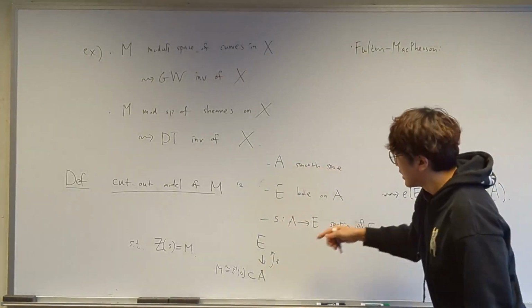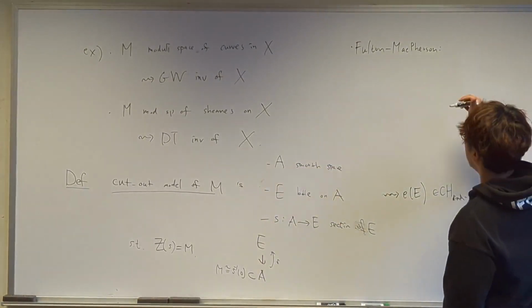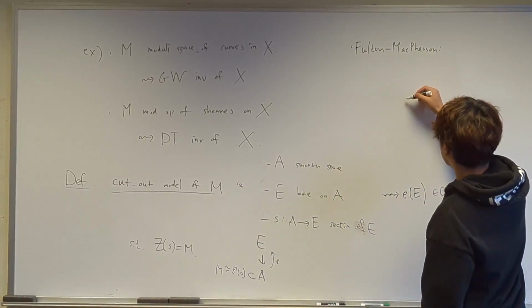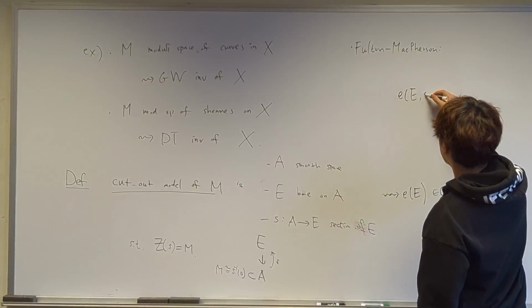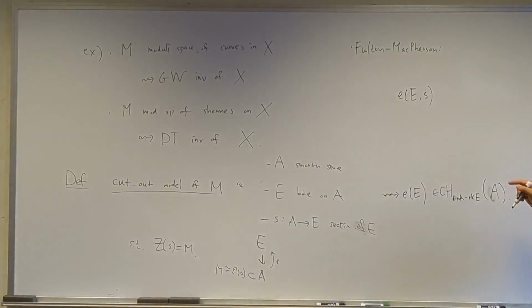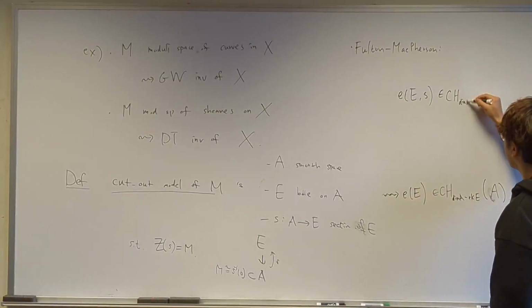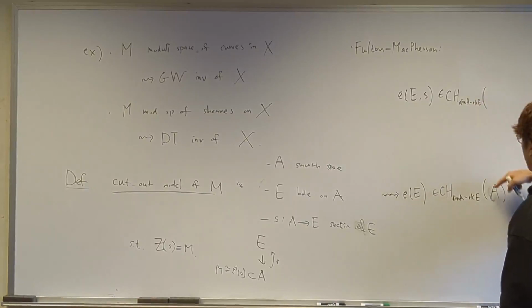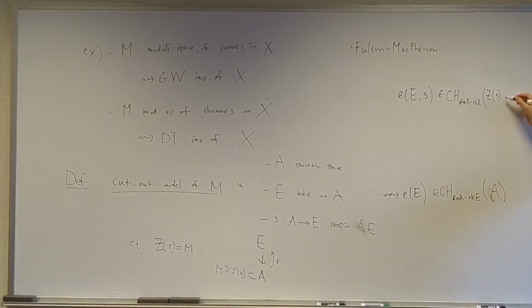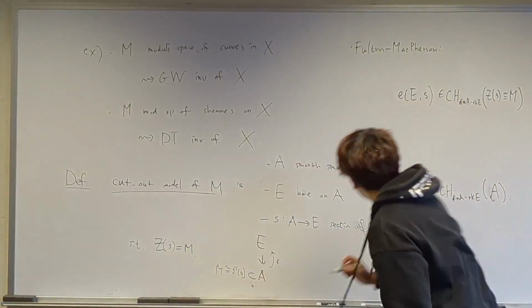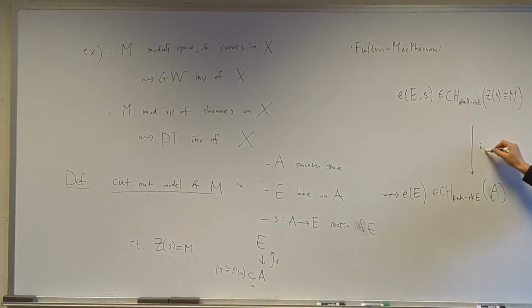Given all this data, they constructed a cycle, depending on the bundle and section, in the Chow group over the zero set of s, in this case M. If we denote the inclusion by i, then we have a push forward morphism between these two Chow groups.